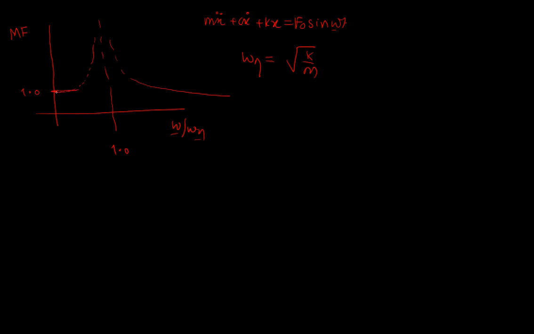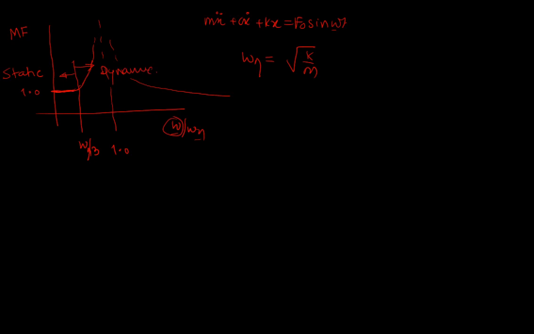So if your input frequency is very low, somewhere omega n by 3 or less than that, this also can be considered a static model. Beyond this point, I can consider it a dynamic model, because one more important parameter is coming into the picture, omega.